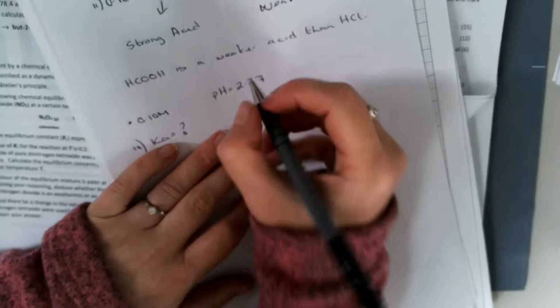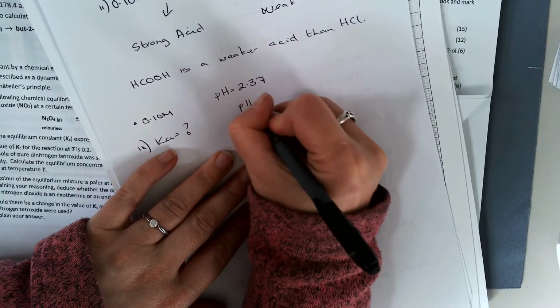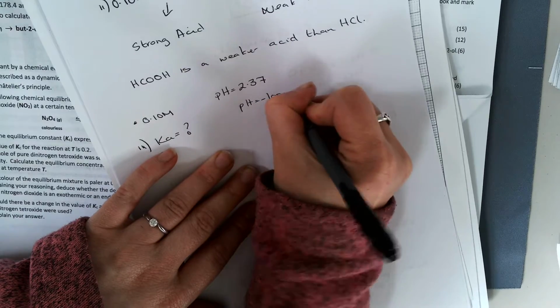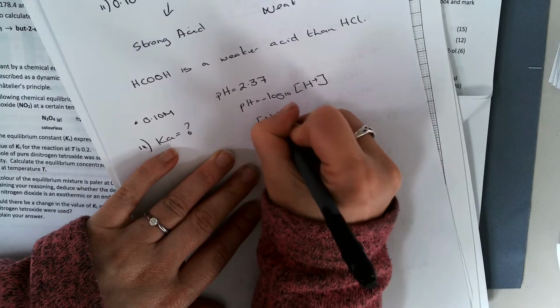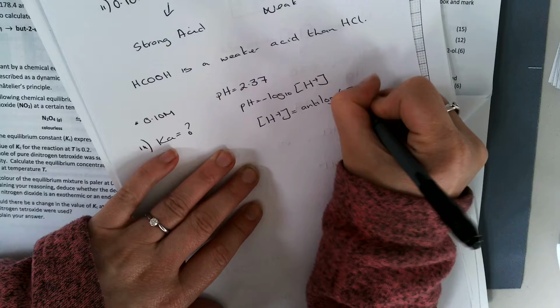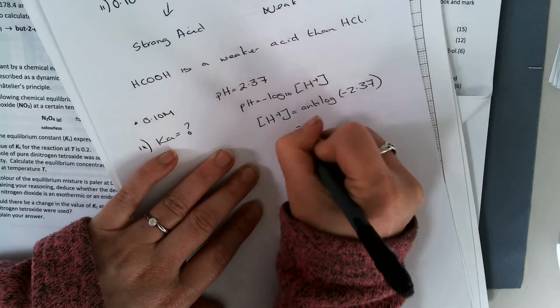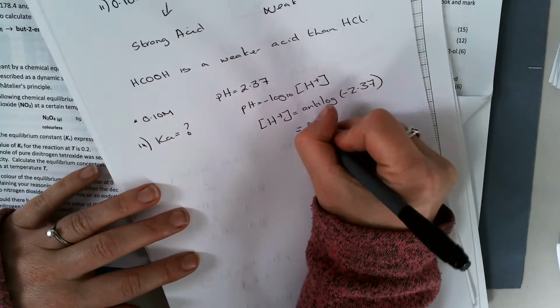So I'm going to work out my amount of H+ ions. Remember, pH equals minus log to the base 10 of my H+ ion concentration. So my H+ ion concentration is equal to the antilog of minus 2.37.